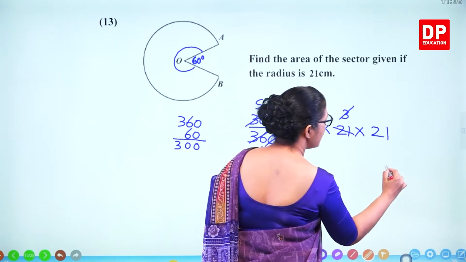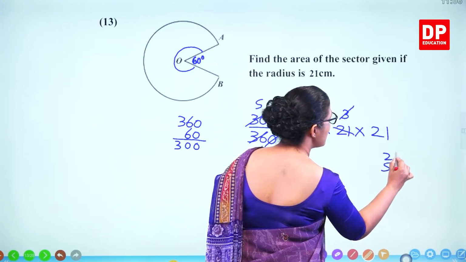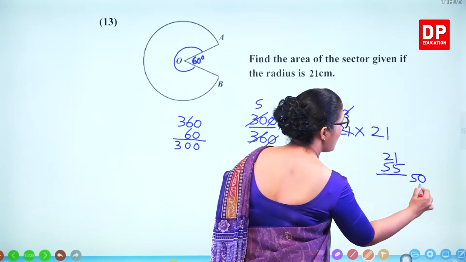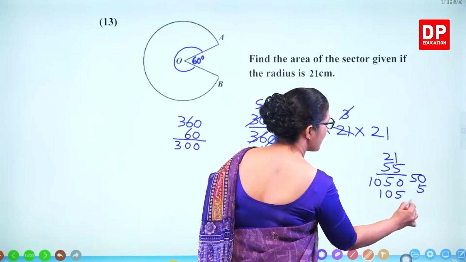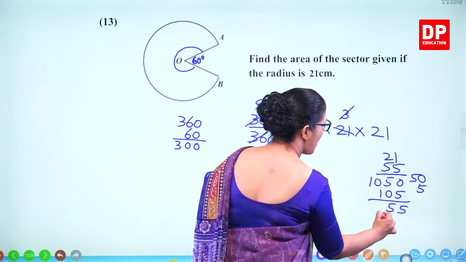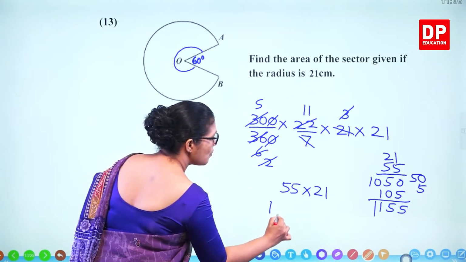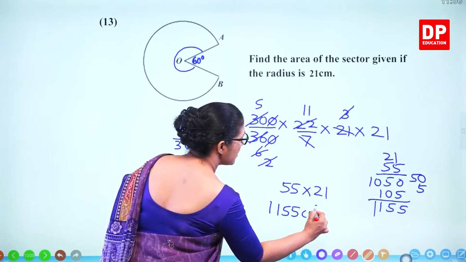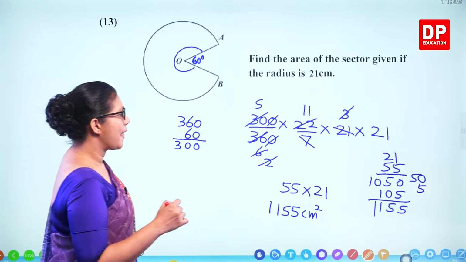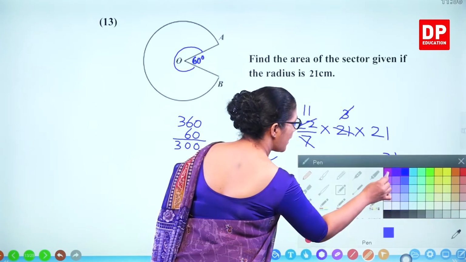So multiply 55 and 21, 50 and 5. So you get 1155. So the answer is 1155 square centimeters. So you get 2 marks for that.